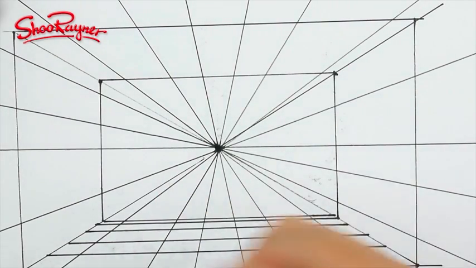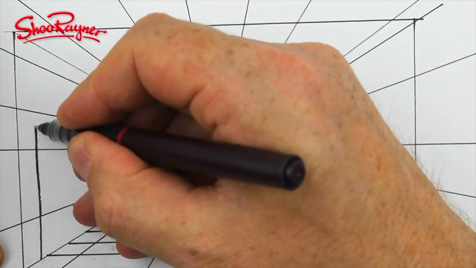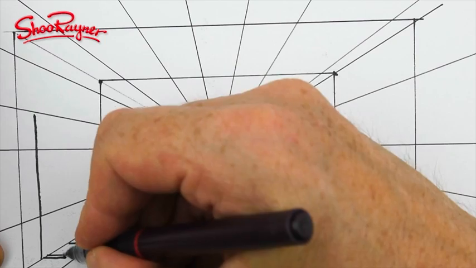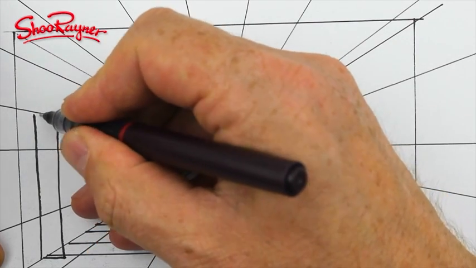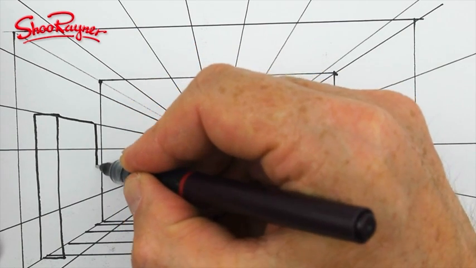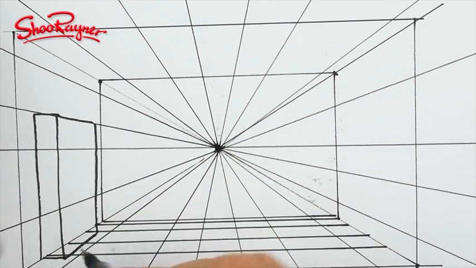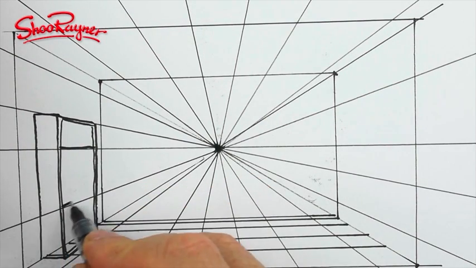And we can furnish this room very, very simply. We could build that out there. That will be vertical, but that line will come there and down. That will follow the vanishing line, and we can use these lines as they're there.